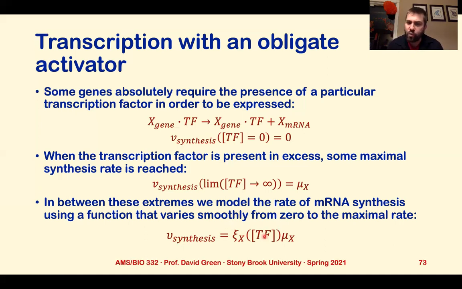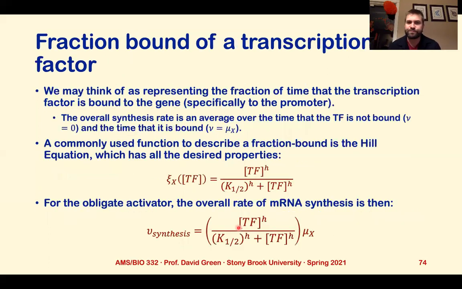Right? What might this scaling factor look like? How might we come up with such a form? Well, here's where we're going to, again, be inspired by mass action kinetics to think a little bit about mechanism and what might be going on.